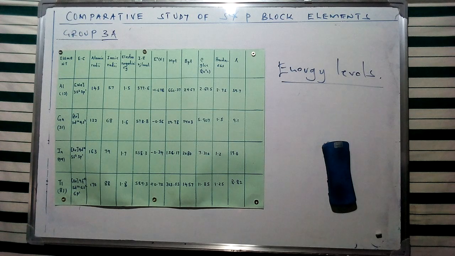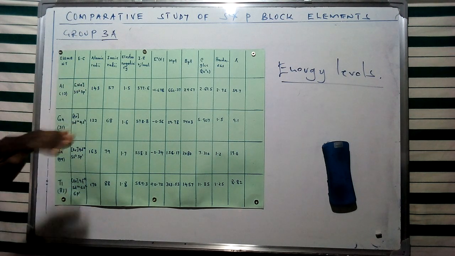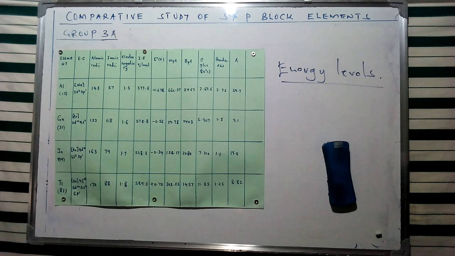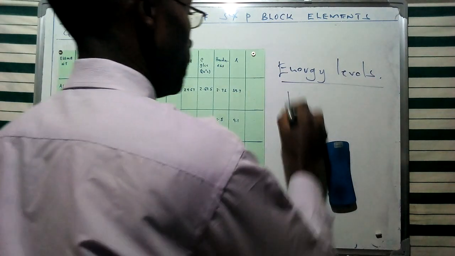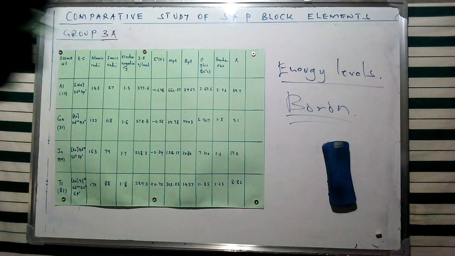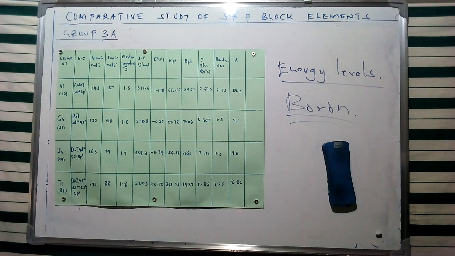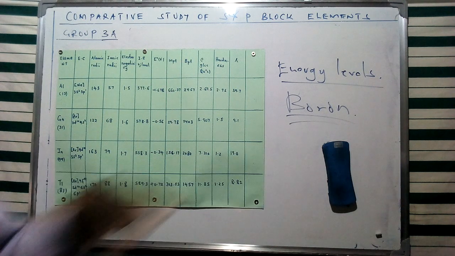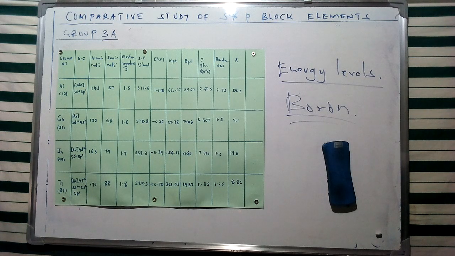Now, in our next discussion, as I had promised, we are going to look at the individual characteristics of these specific elements. And I promised that we're going to create an emphasis on this particular element of boron and try to see how it's going to display some unique properties. We had said that, of course, of the diagonal characteristics or diagonal relationship of some of the elements in the periodic table.